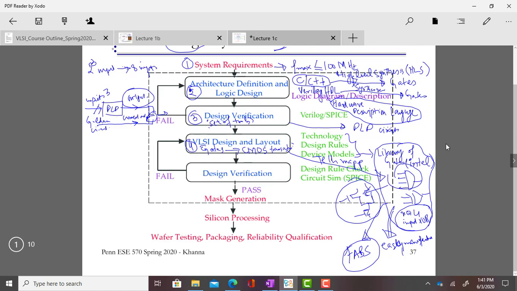So I repeat it again. Tech mapping is mapping from your logic gates, which are the result of the synthesizer, to library gates, and library gates are the gates that you can manufacture.